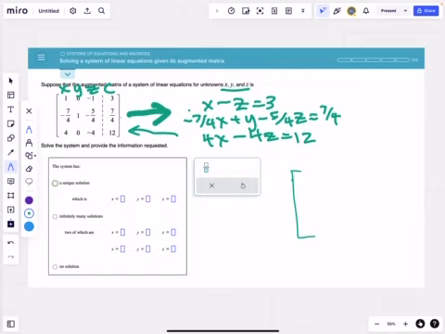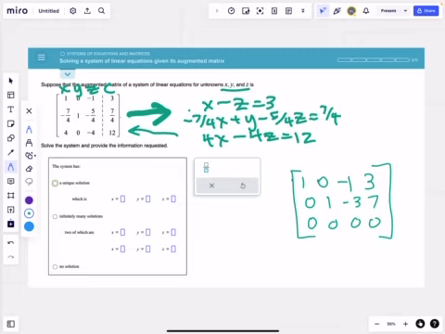We've got 1, 0, -1, 3. Then I've got 0, 1, -3, 7, and then I've got zeros along the last row here. Okay.